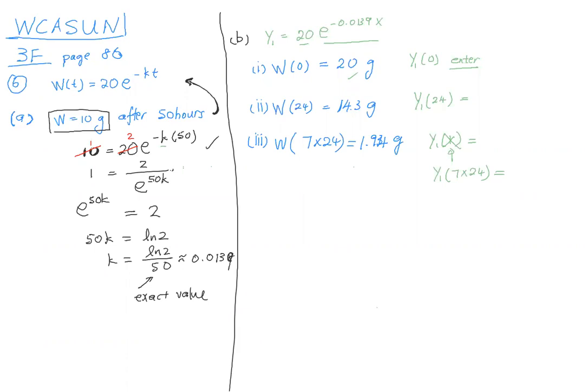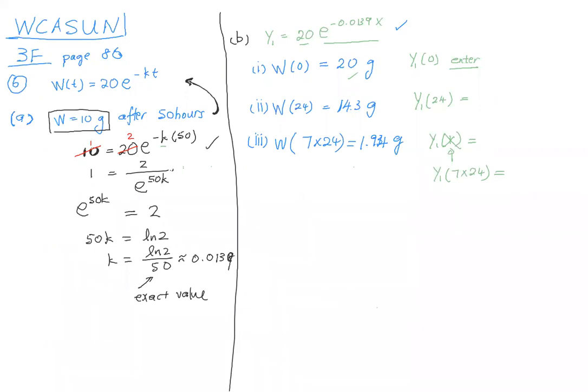Hao Shen got 19 point something. How can it be? Hao Shen, you better check your formula. You see, even if you got graphic calculator, you don't type in correctly, you get wrong. So it's 1.947. Cindy, check your number.